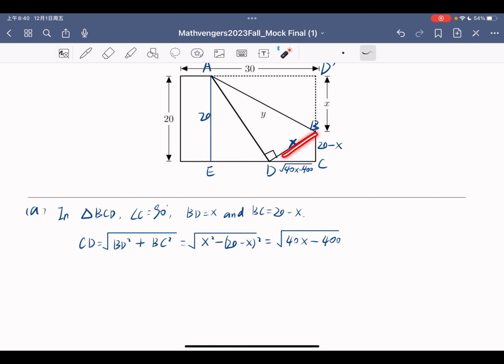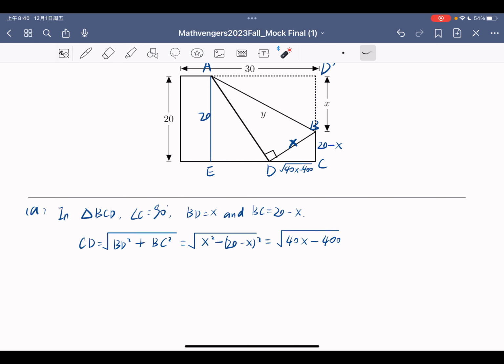But now we know BD is equal to x, and the final thing for us is to compute AD, the length of AD. We already know AE, and we need to compute the length of DE. But what is the length of DE?